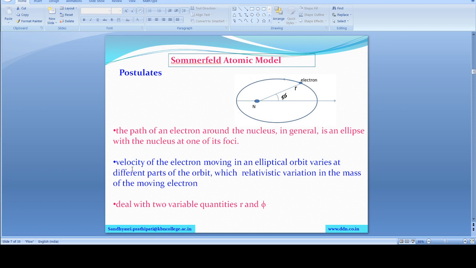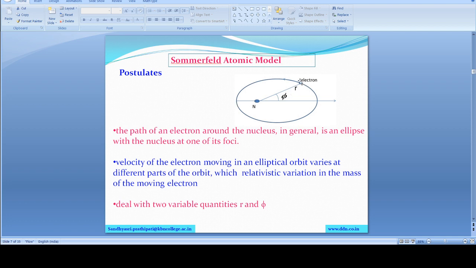Second postulate is velocity of an electron moving in an elliptical orbit varies at different parts of the orbit with relativistic variation in the mass of the moving electron. As the distance between nucleus and electron is varying with the position of electron, right?